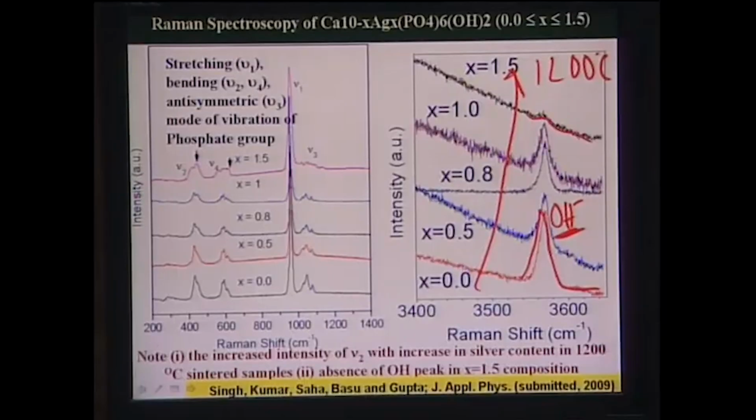Now, when this OH minus completely disappears, that essentially tells you that hydroxyapatite is completely lost from the material, and you only have the tricalcium phosphate phase. These peaks are observed at a relatively higher Raman shift, like the 3400 to 3600 region.